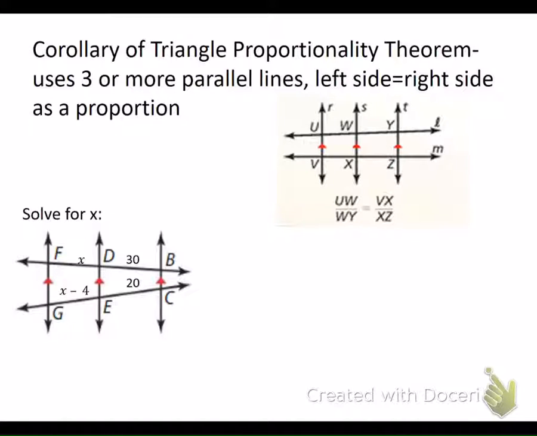Okay, the corollary of the triangle proportionality theorem uses 3 or more parallel lines, left side equals right side as a proportion. Here's what this means. UW over WY equals VX over XZ. So it's not actually forming a triangle. It's just saying that you have 3 parallel lines, so it cuts it in 3 parallel lines.